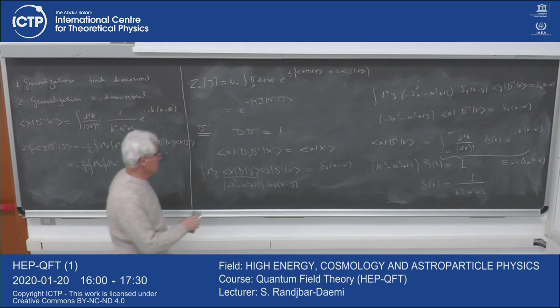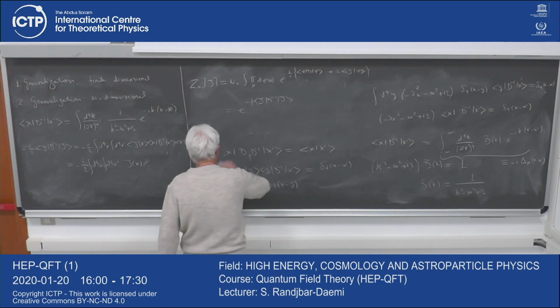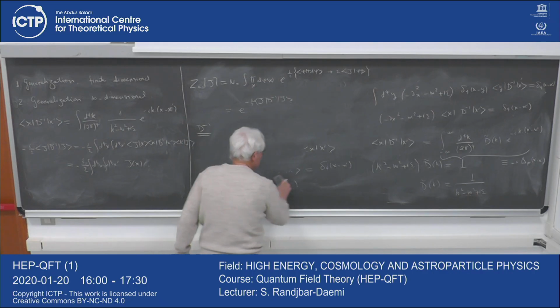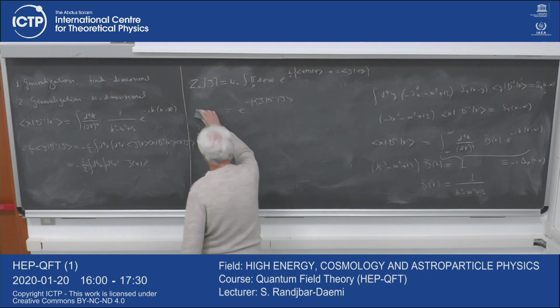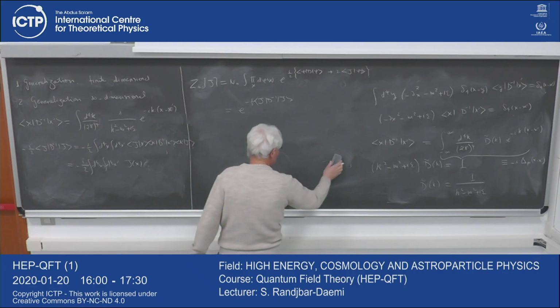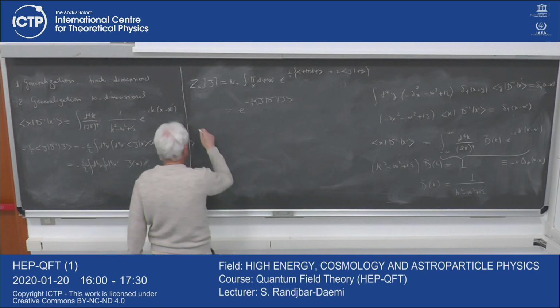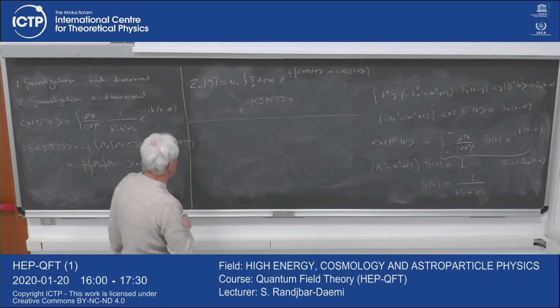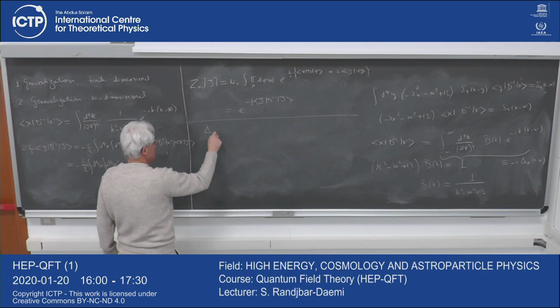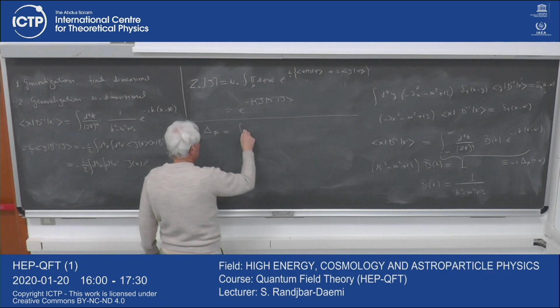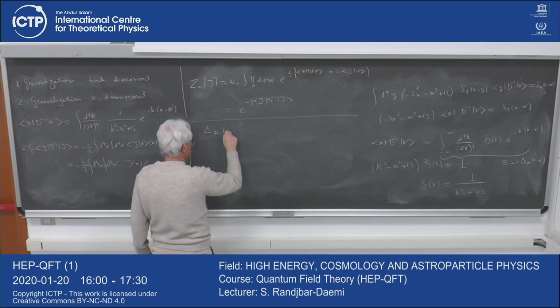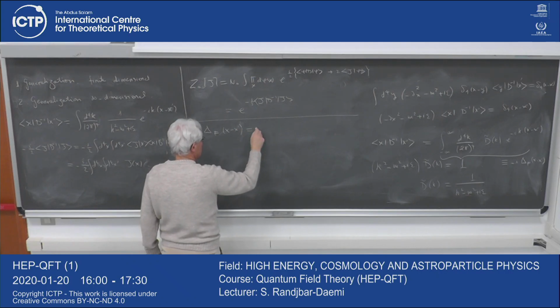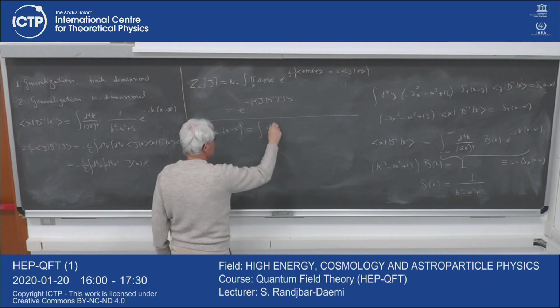I mean, other people define Feynman propagator in a different way. Some people even have factors of 4 pi in this definition in momentum space. These are all valid definitions. It's just a matter of what you are used to, if you correctly keep the various factors in your calculation. So let me put that definition here because this is a very important object in everything that we are going to do. So it deserves to be put inside the box so that we don't forget it.